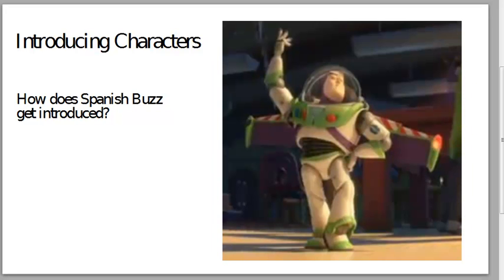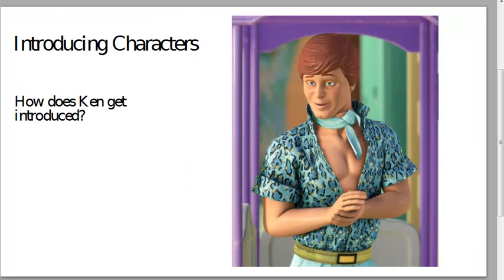And introducing new characters like Spanish Buzz, who's essentially an old character who gets reintroduced, or kind of he gets reprogrammed in this case. So it's like a spin, or a reinvention of an existing character. Think about the introduction of a character like Ken from Toy Story 3, introduced in a really inventive and clever and funny way.